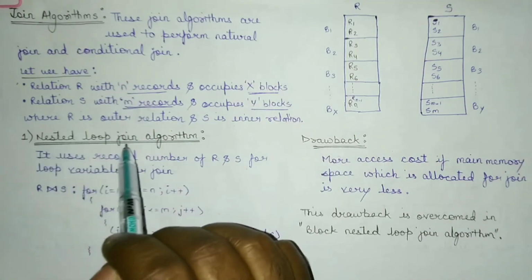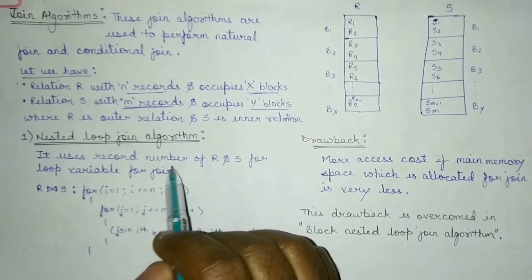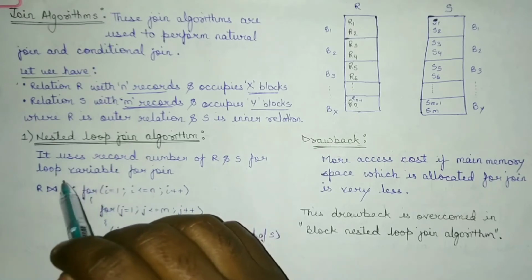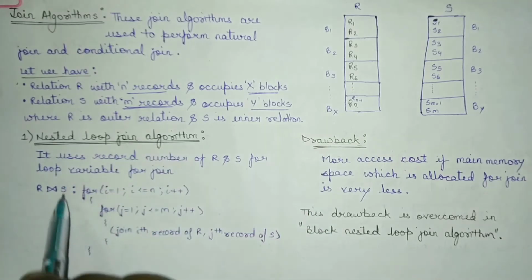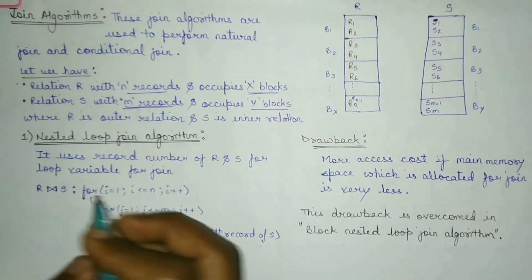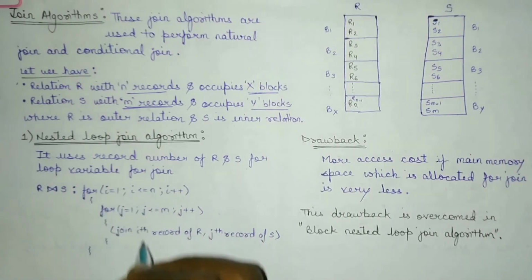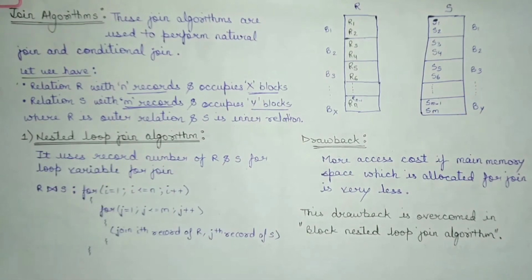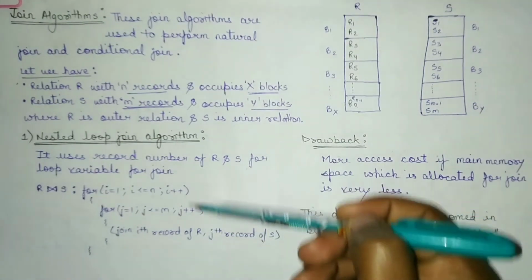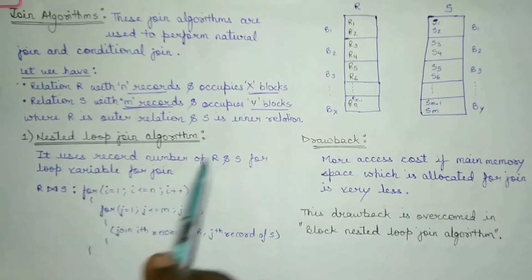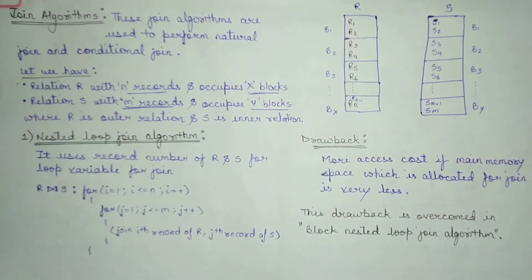The nested loop join algorithm uses the record numbers of relation R and relation S as loop variables for the join. So this is a natural join, and if you have some condition, you can put it in an if statement within this pseudo code. The pseudo code clearly explains that we have a loop within a loop, because of which it is named the nested loop join algorithm.